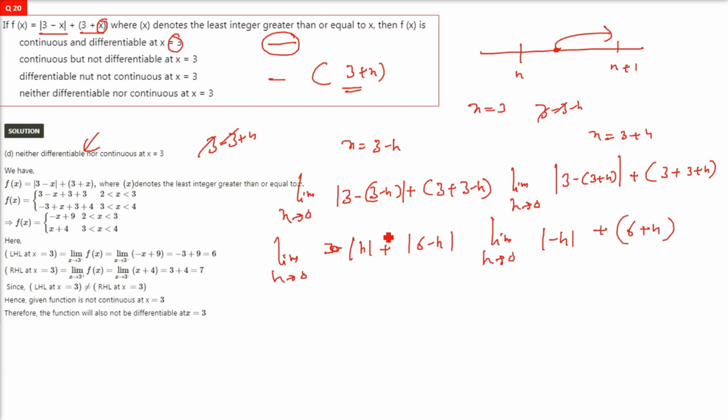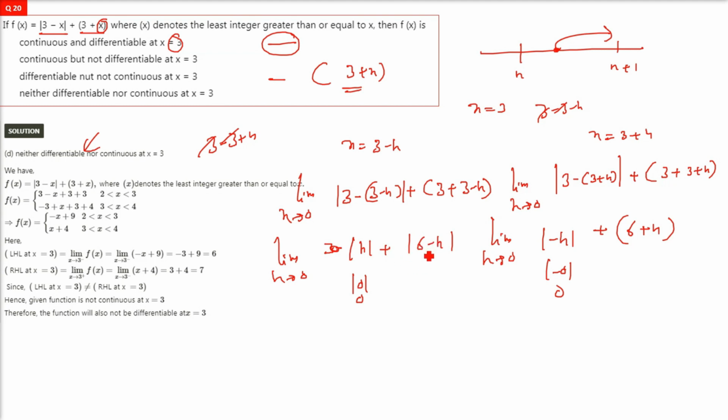Now, you can apply h tends to 0 easily to the modulus function. That we have already seen. Modulus of 0 here and modulus of negative 0. This is quite easy to contemplate. But in this least integer function, we cannot put h as 0.